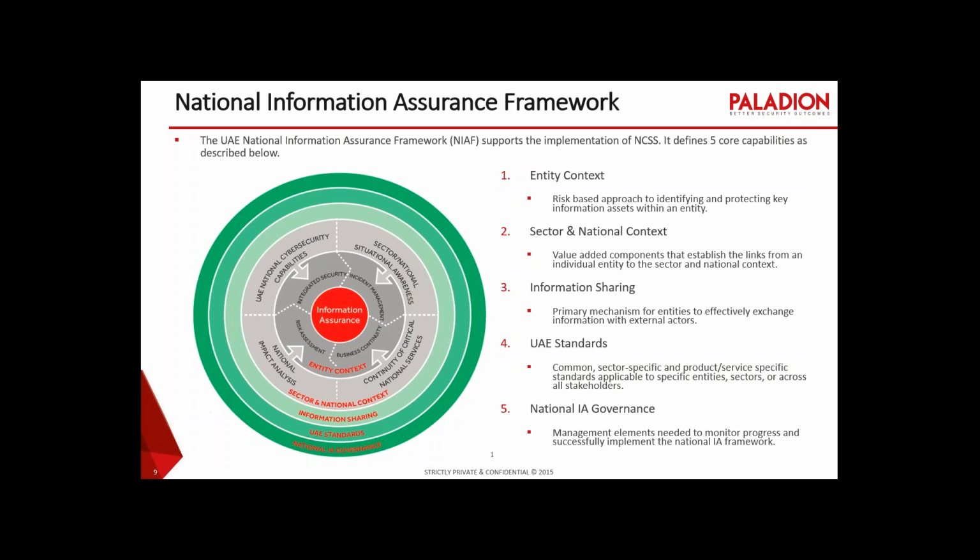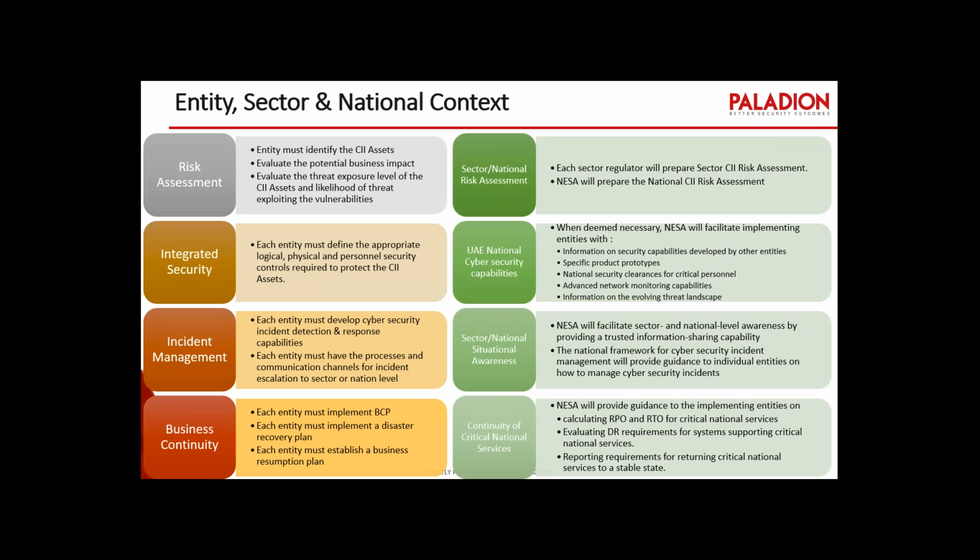So I'll quickly spend some time and try to explain what these five capabilities are. So the first two capabilities, entity context and sector and national context. The first one on the left side is the entity context. And as part of this capability, entity must identify the assets and then do a risk assessment for those assets.